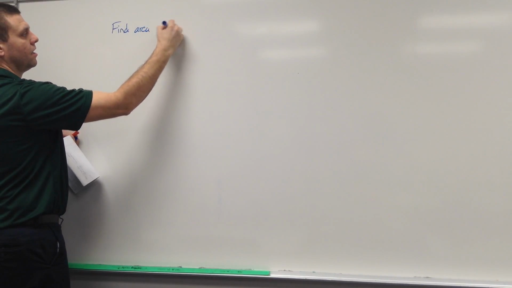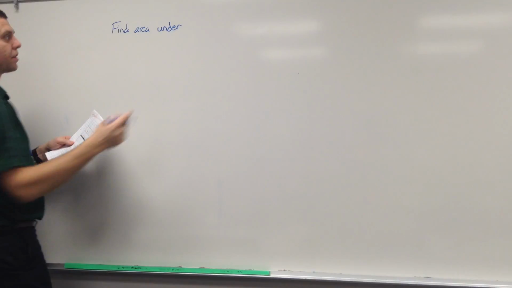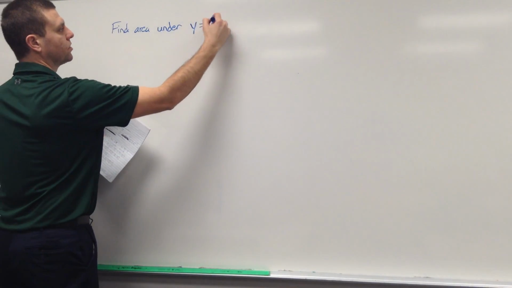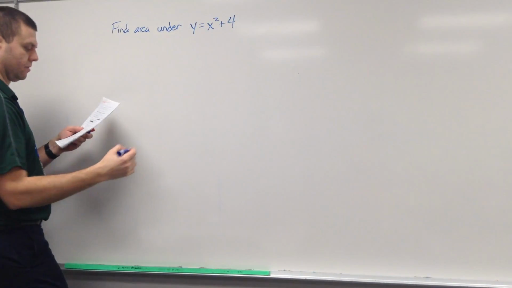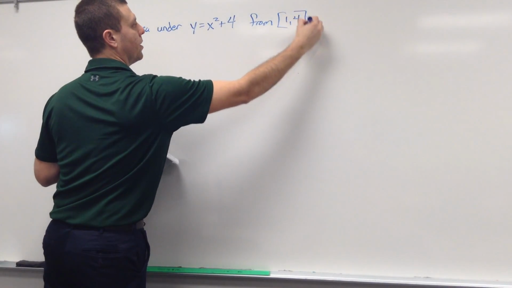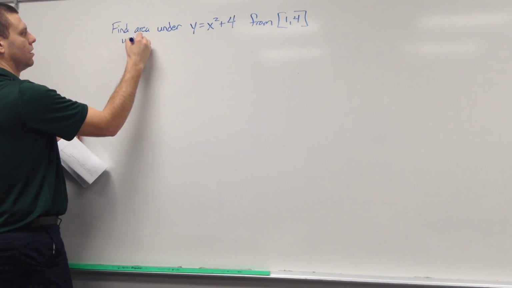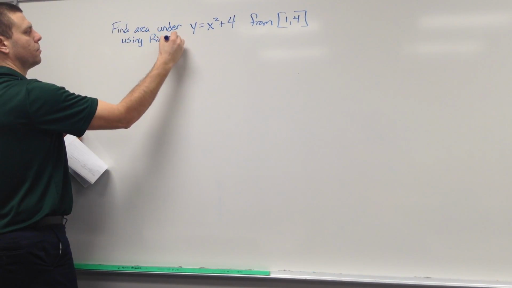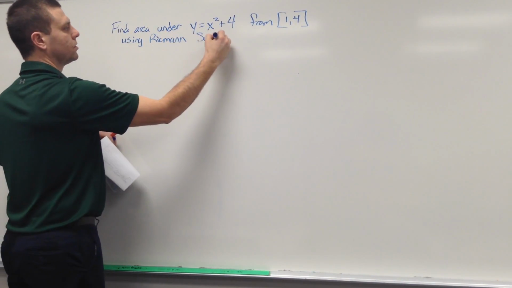Find the area under the curve y equals x squared plus 4 from 1 to 4 using Riemann sums.